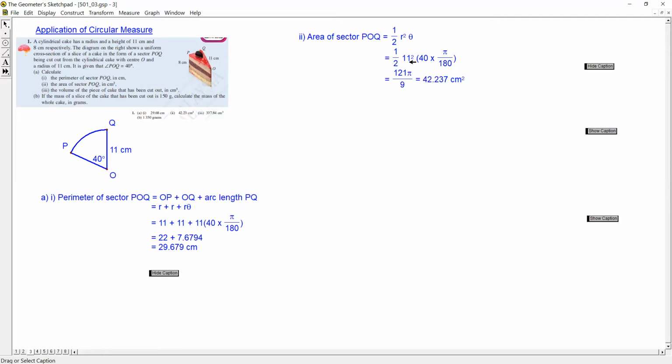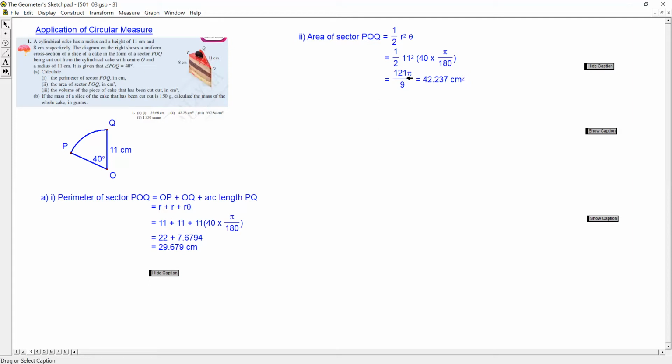Half is half, radius is 11, so 11 squared. Then the angle is 40 times pi over 180. So it's 121 pi over 9. Or if you want to use the calculator, 42.237.